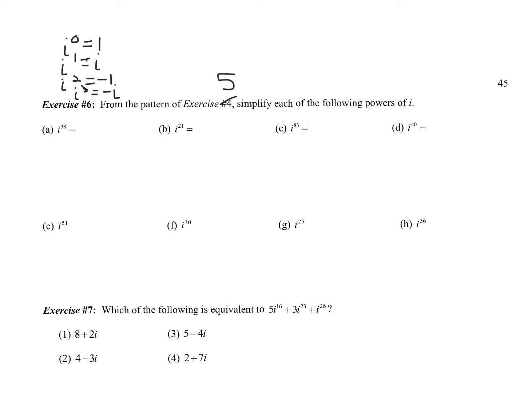So each time I go through this pattern, I have 4 stops along the way. If I had, for example, i to the 29th, I would go through this pattern, kind of circling through it, 1, 2, 3, 4, 5, 6, 7 times, because 4 goes into 29 7 times, but I still have 1 left over.